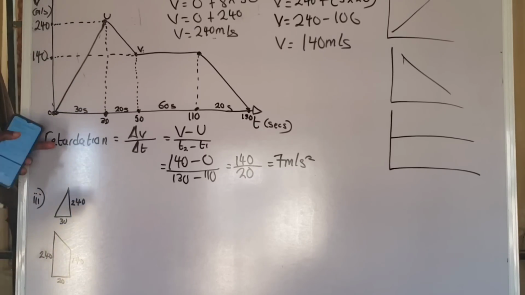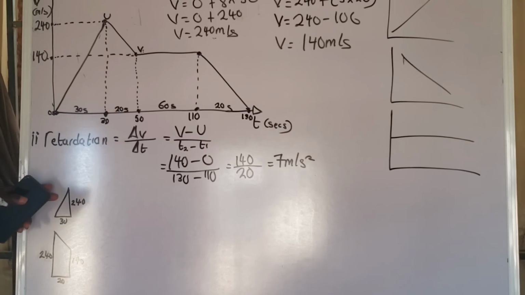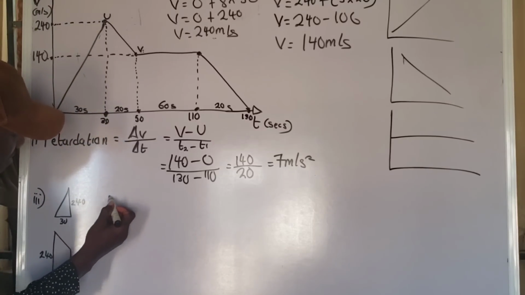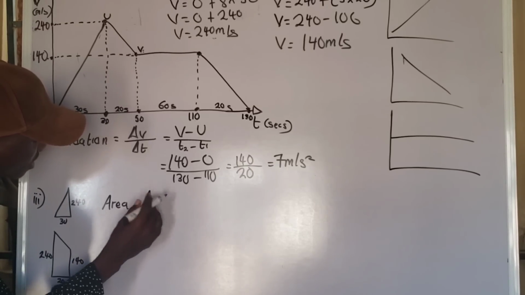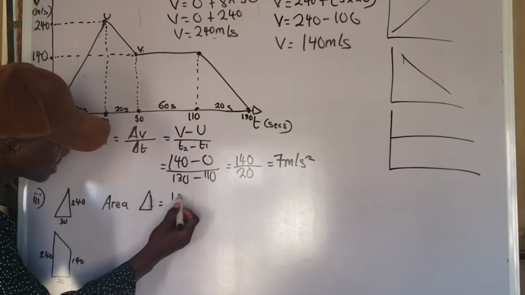Now, to calculate the distance traveled during the first 50 seconds, we have to calculate the area of each shape and then add them together. The area of a triangle is half base times height. So the area of this triangle equals half base times height.